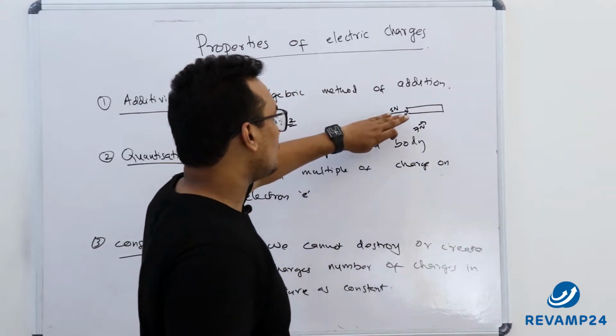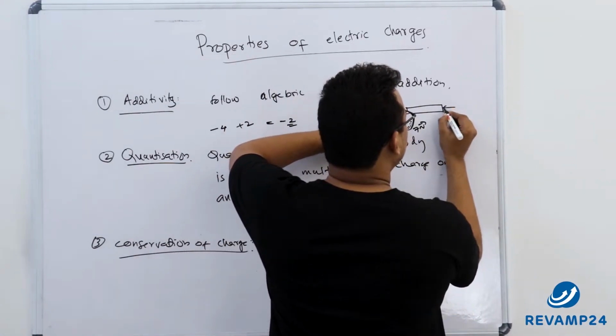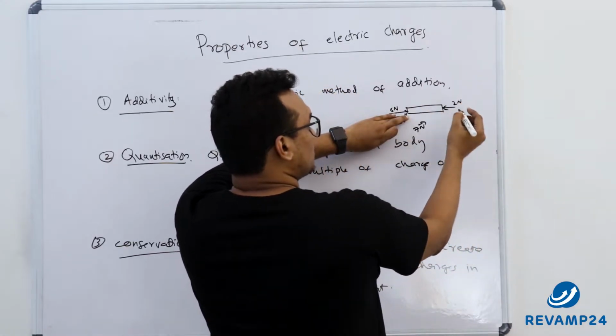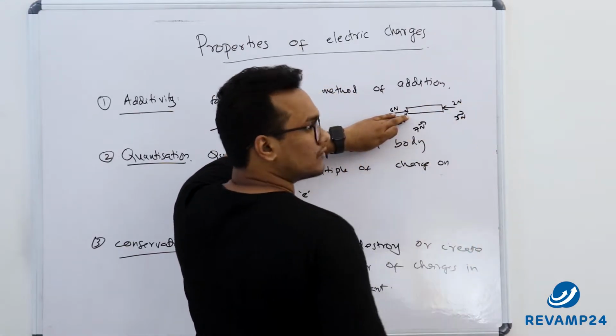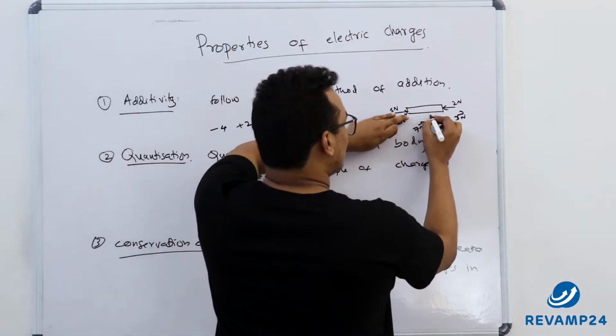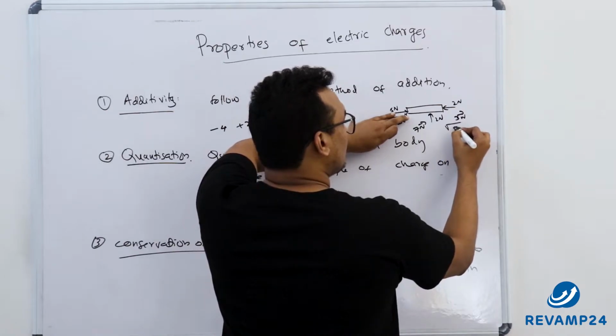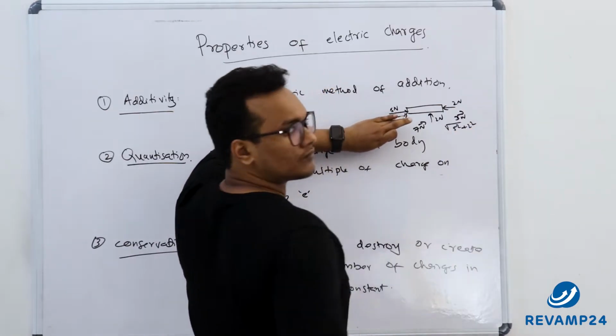If they are exerted in opposite directions, then the net force is 5 Newton minus 2 Newton, 3 Newton. If they are exerted at right angles, then it is root of 5 square plus 2 square.